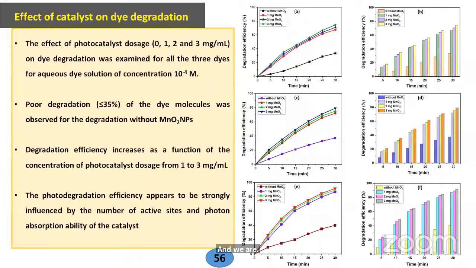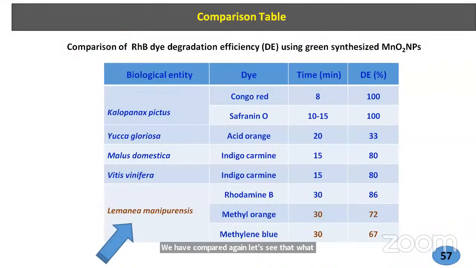We have compared again, to see how efficient this red algae is. The time it takes is okay, and this algae is also efficient in terms of degradation efficiency. Of course, I am not saying that we can achieve 100%, but it is comparable.